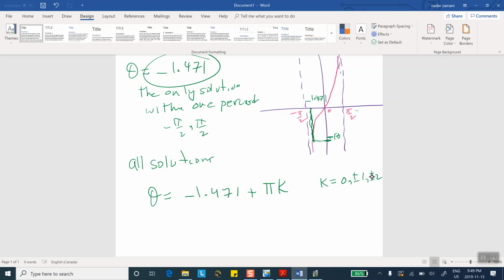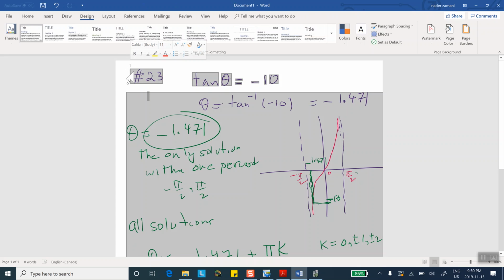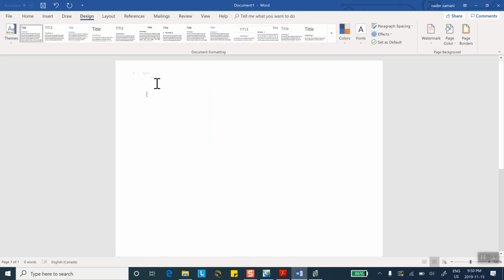The last one from this category is sine of theta equal to minus 0.9. And that's number 24. These problems, as you can see, take some time, and you always should go back and check your answers with what I'm doing here. Hopefully, I haven't made too many mistakes. I don't think I have, but anyway, check the answer in the back of the book.